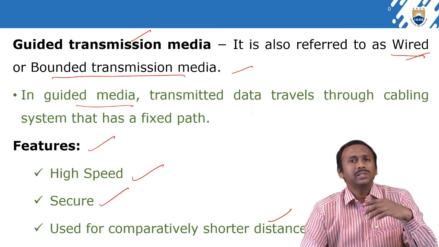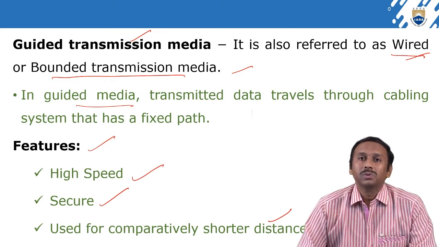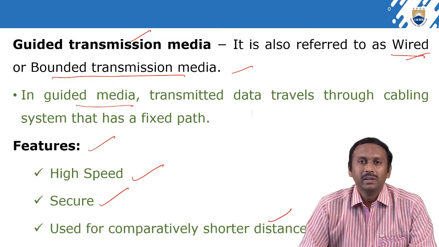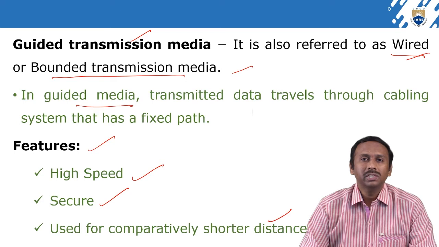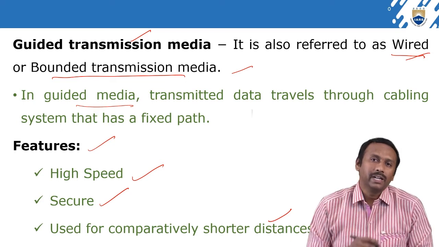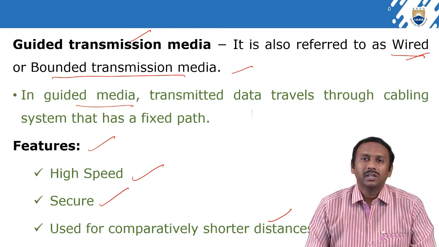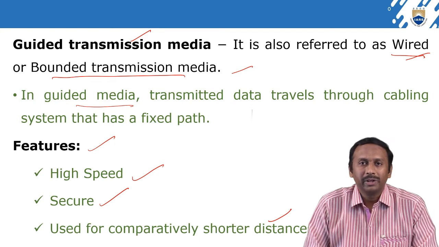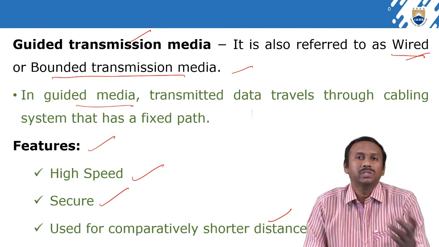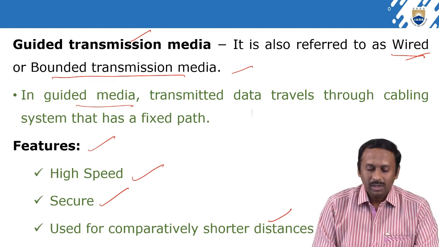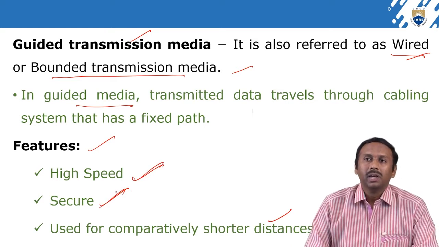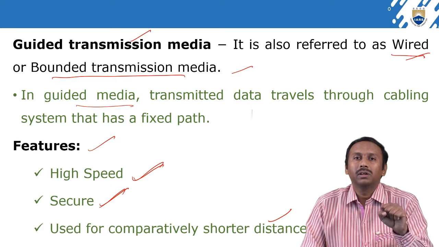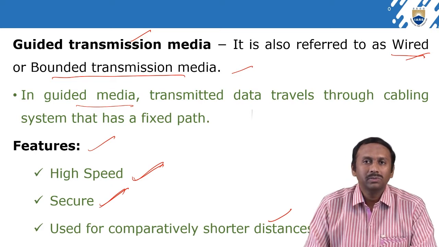This is similar to circuit switching, which is the best example. In circuit switching we use guided media, where the path is established earlier. The best features are high speed and security, and comparatively the shortest path among several routes, right?